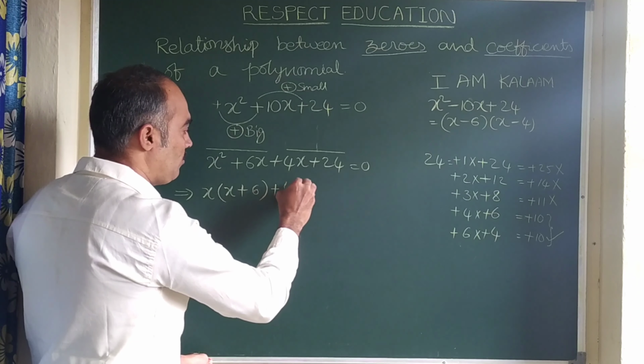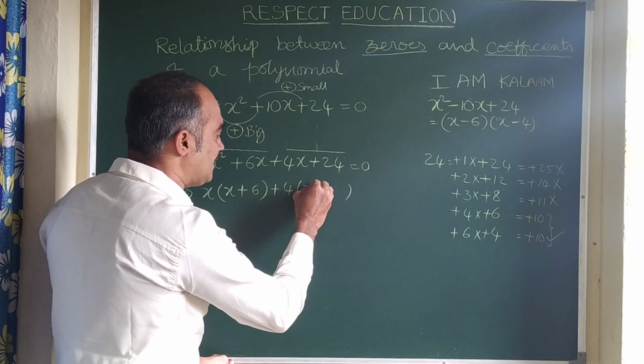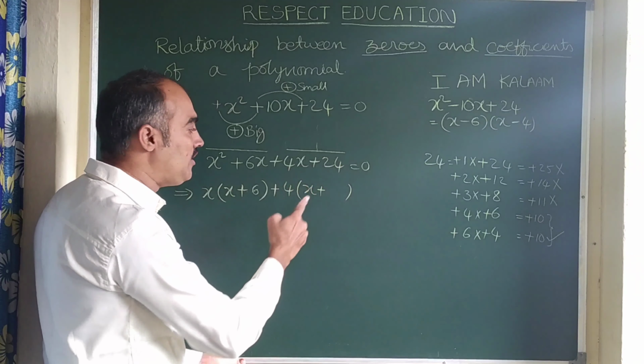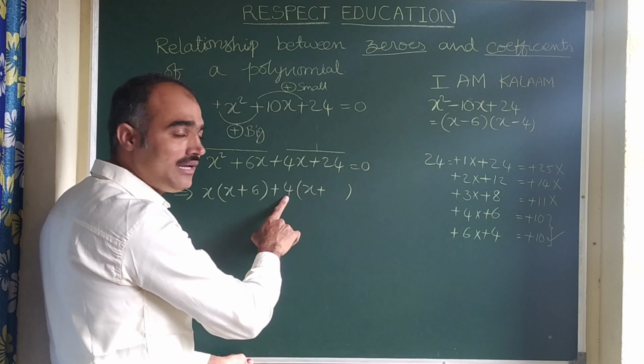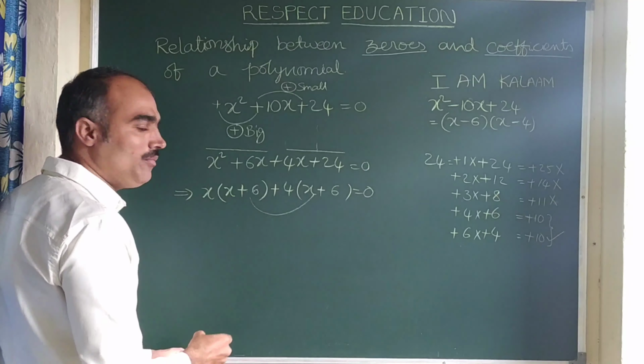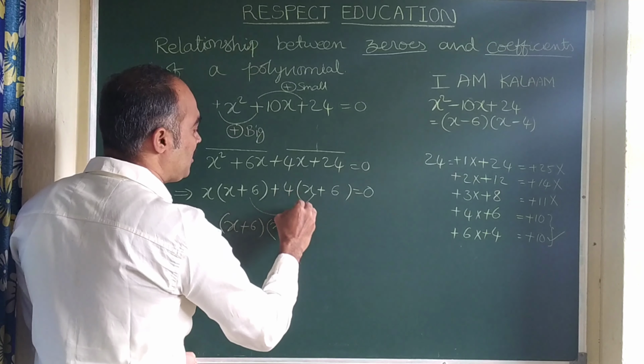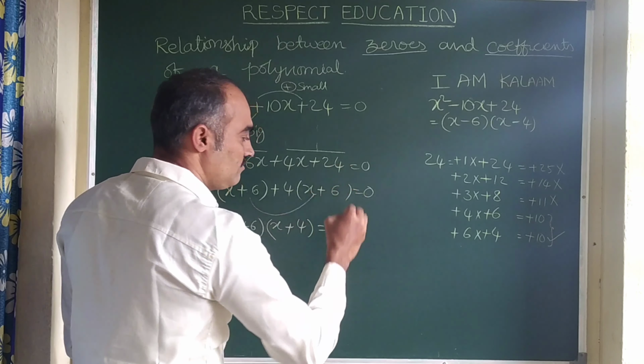Plus here 4 is common, right? 4 into x, when we take 4 common, x is left. 24 is 4 into 6, 4 came as common here. So here 6 is left. Now in these two, x plus 6 is common. So here I am taking x plus 6 into, here x is left, here plus 4 is left. Clear?